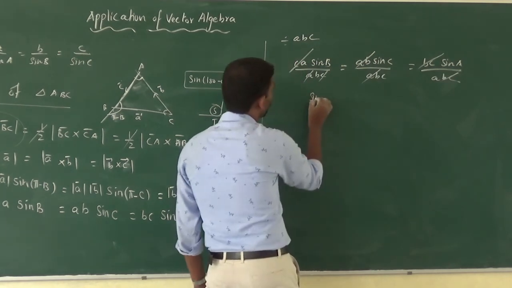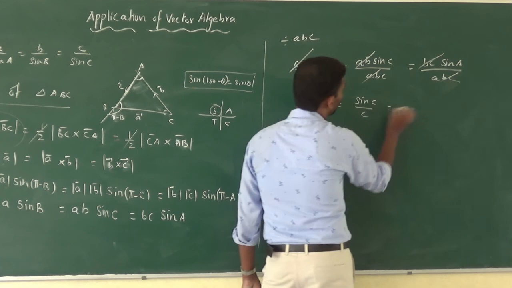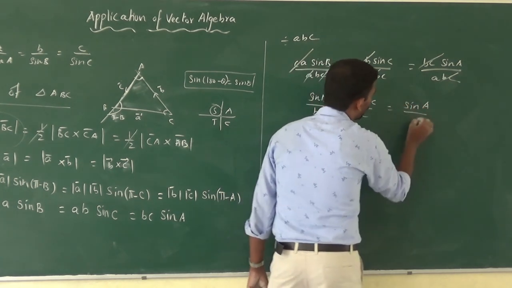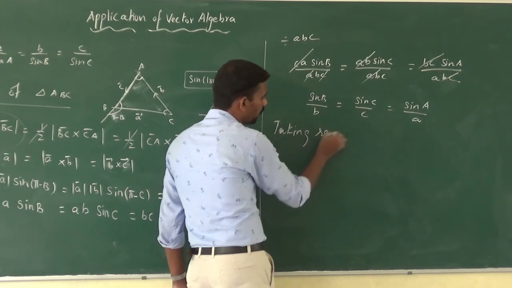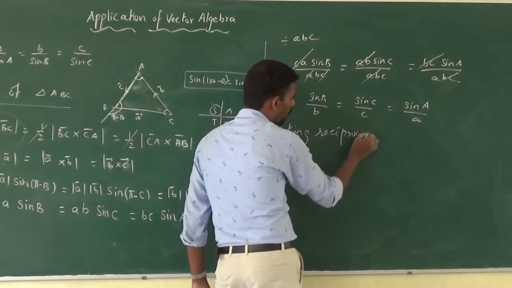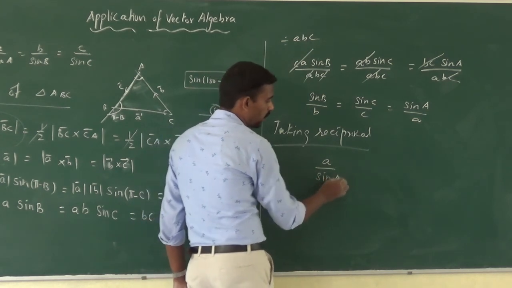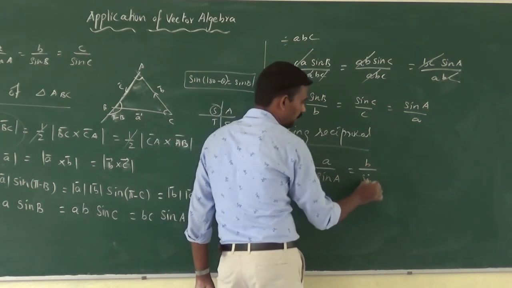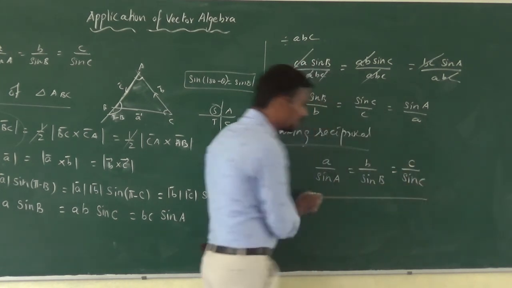So we get sin B divided by b, here sin C divided by c, here sin A divided by a. Taking reciprocal and arranging this, we get a divided by sin A, which is equal to b divided by sin B, which is equal to c divided by sin C.